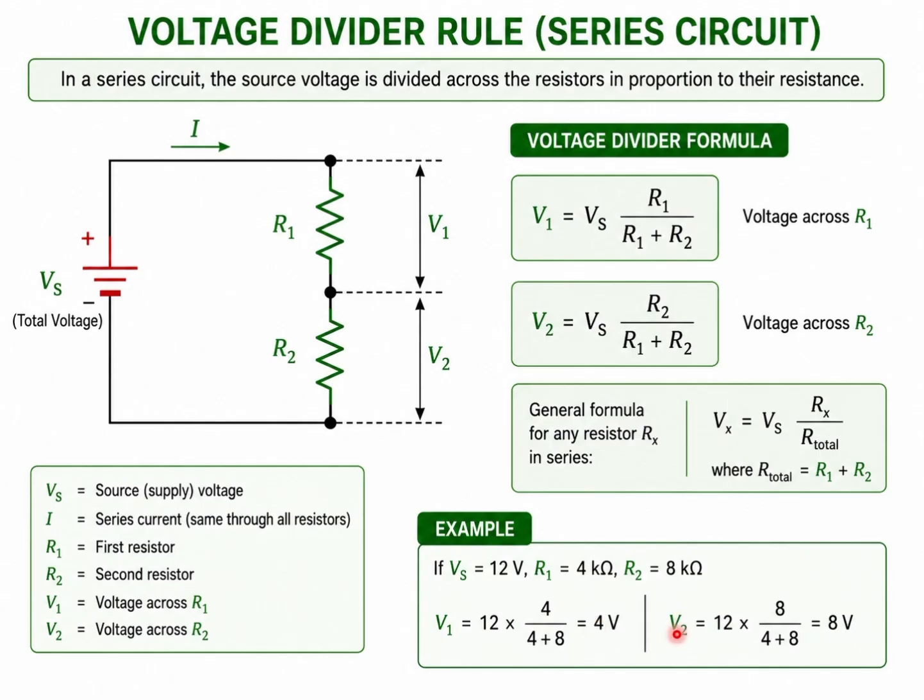And for V2 we're going to do the same. Vs 12 multiplied by R2 8 divided by the total 4 plus 8. We're going to have a voltage of 8 volts. So you realize that since R2 has a higher resistance than R1, the voltage across R2 is going to be higher than R1.